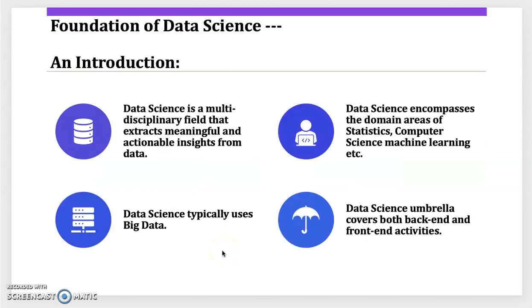Let's further talk about the foundation of data science. Data science is a multidisciplinary field that extracts meaningful and actionable insight from data. In complementary times, digital progression has caused a proliferation of data, and data pertaining to diverse domain areas are electronically available across a whole spectrum of millions of sources.